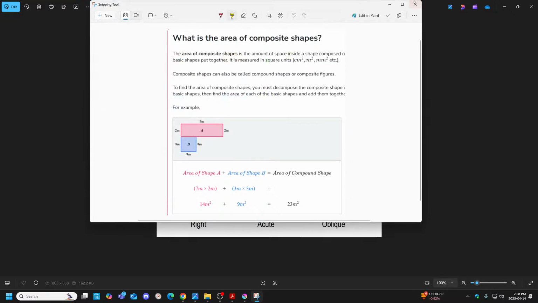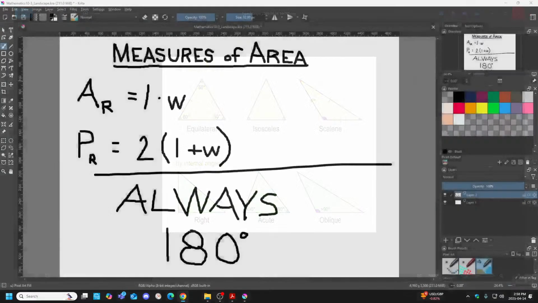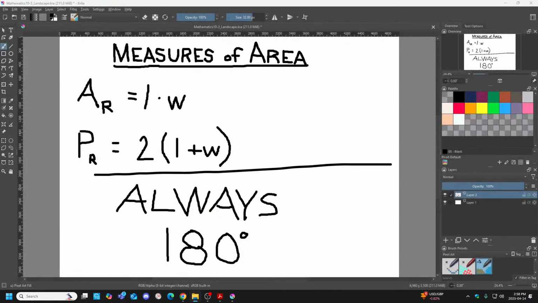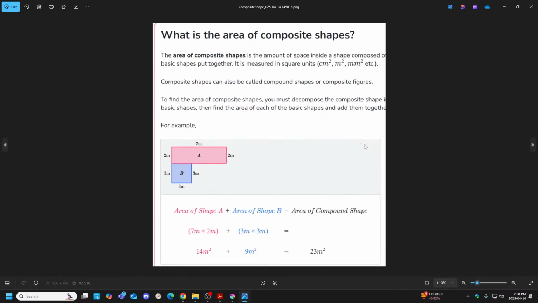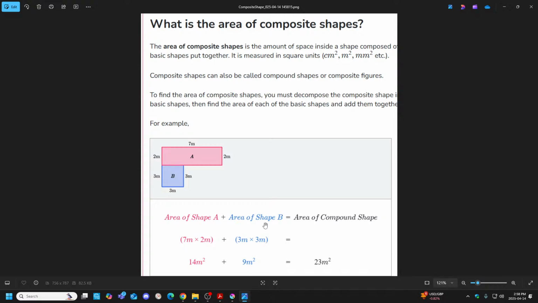Save, close, and then I'm just gonna open that. Okay, right here. Don't mind the font style, but you can see there are two shapes here, composite shapes. So essentially that's what it is. I wanted to give you guys kind of a visual.